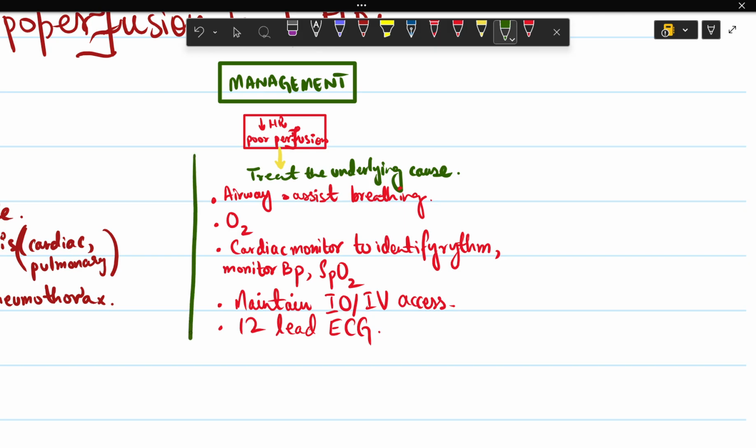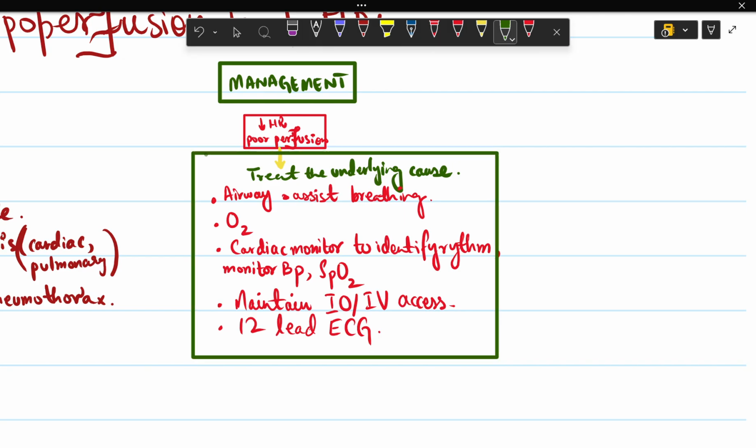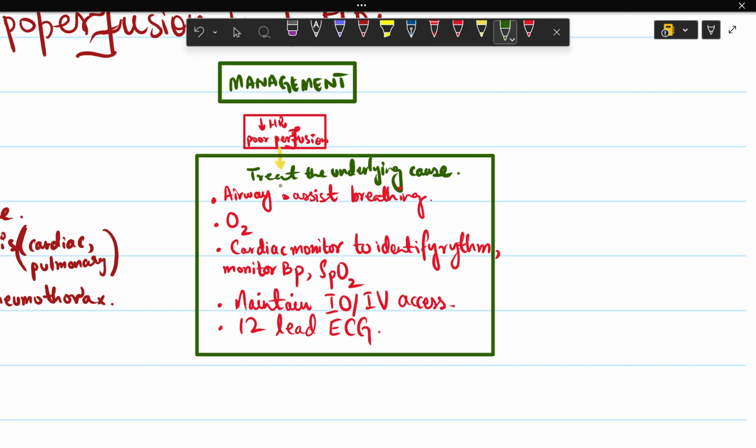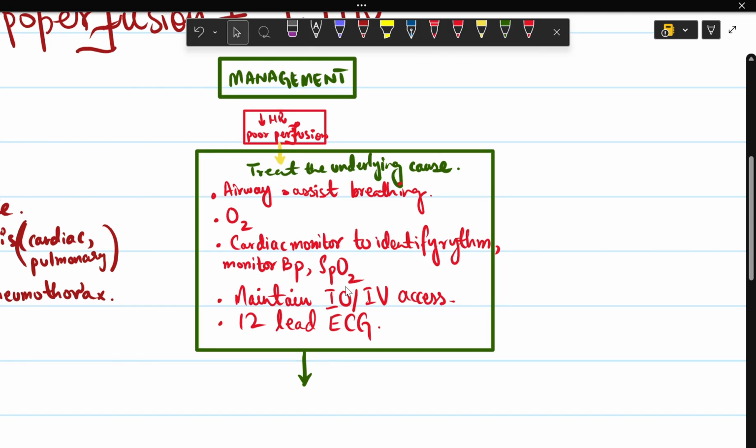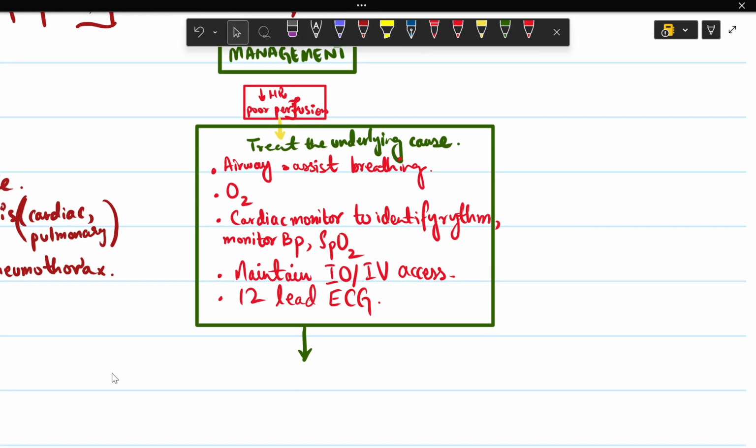Now, after you've taken all of these measures to try to manage the underlying cause, you'll then monitor the child to see if the cardiac compromise continues or not.